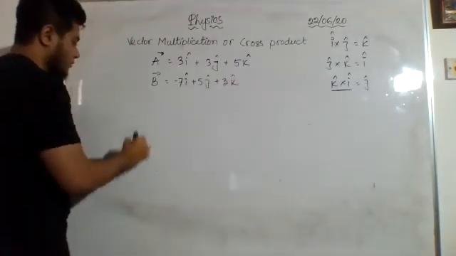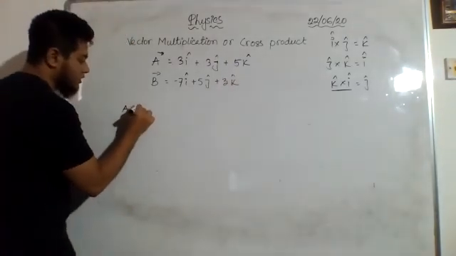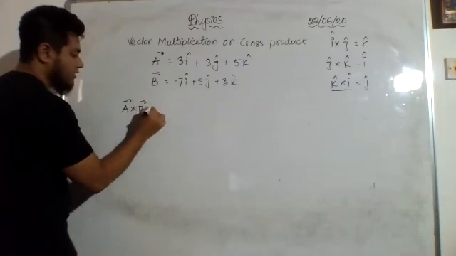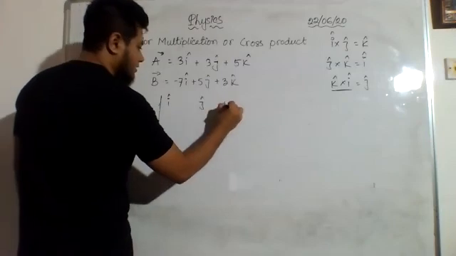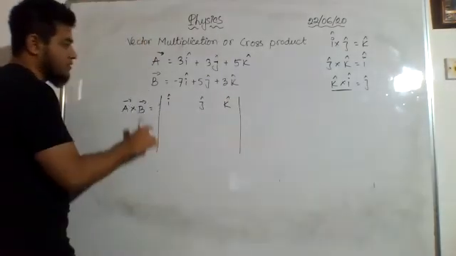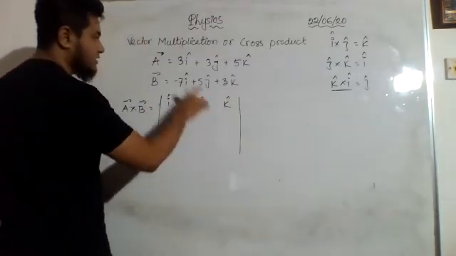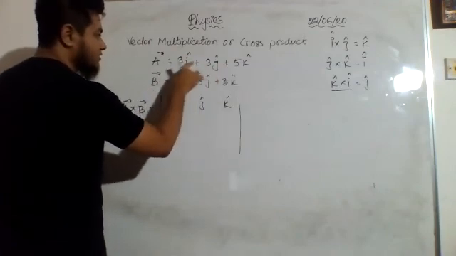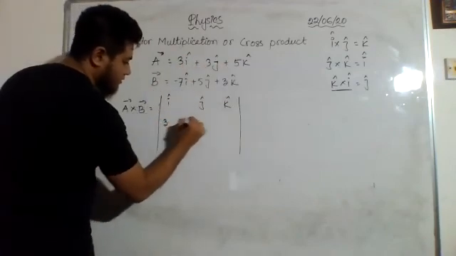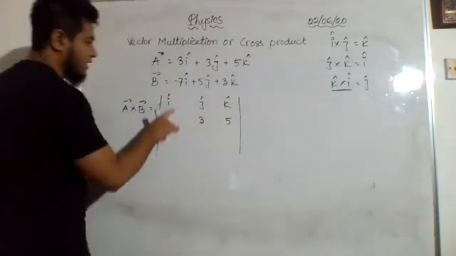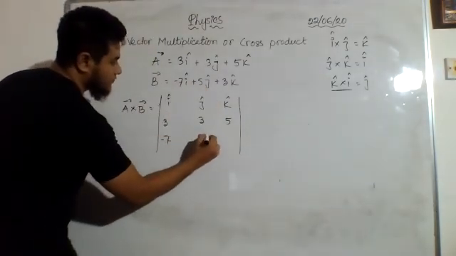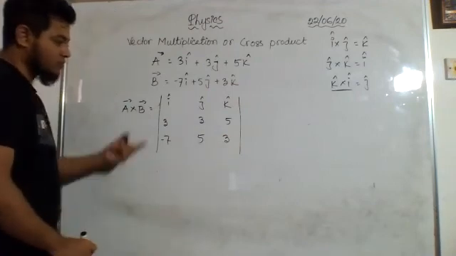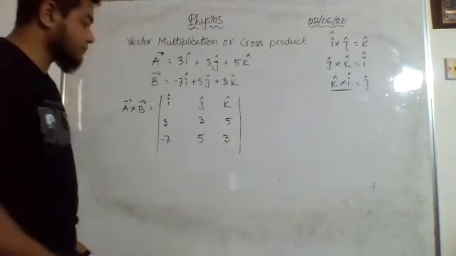Now if I want to find out A cross B, what do I have to do? I will write that matrix line: I, J, K, then AX, AY, AZ, that means 3, 3, 5. Then BX, BY, BZ, that is minus 7, 5, and 3. From here, I think you can do the calculation, right?